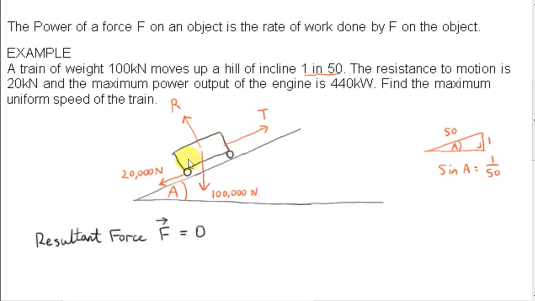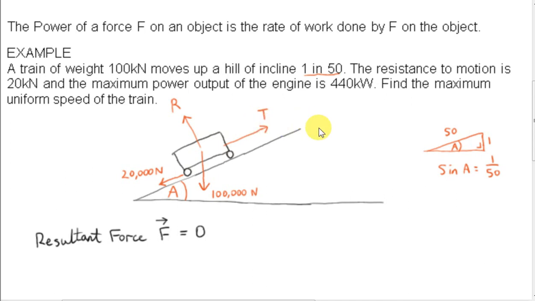Since we said already that the resultant force is 0 because we want the train to move at maximum uniform constant speed up the incline, it means that if we take the components of all the forces in a particular direction, let's say along the incline, and sum them, we'll get 0. That will enable us to find the force exerted on the train by the engine. I'm calling that force T. We could call this force the tractive force. So the engine exerts a force on the train.